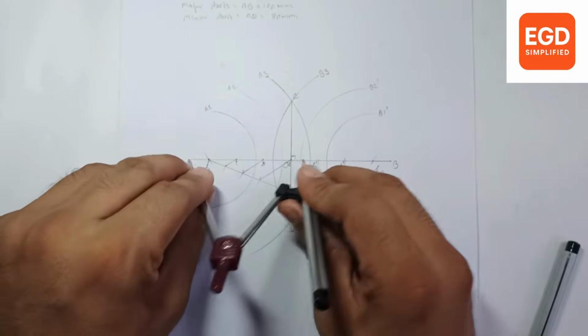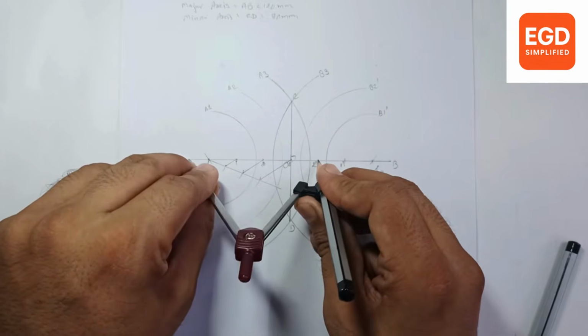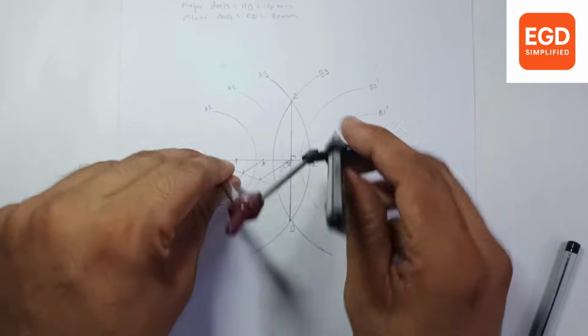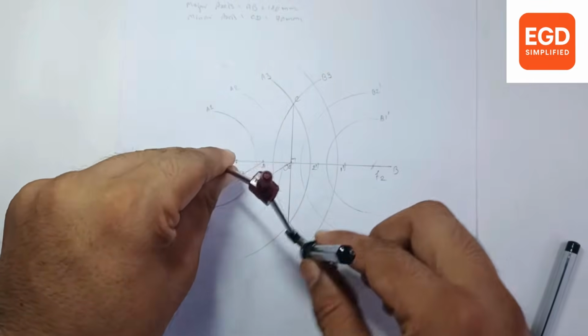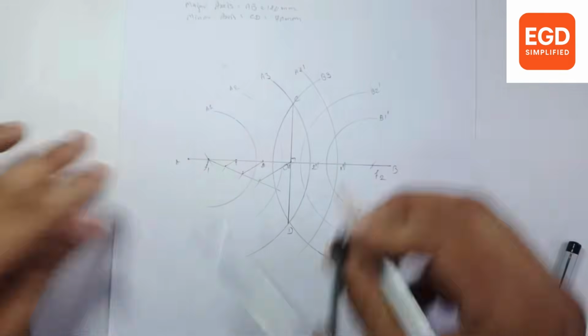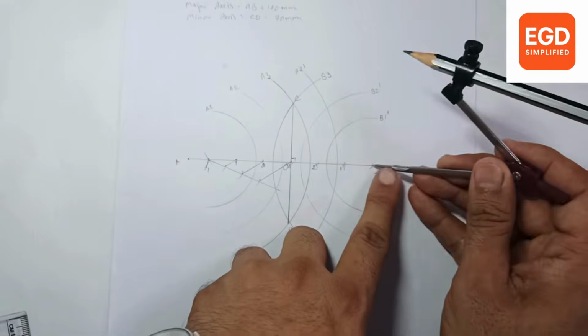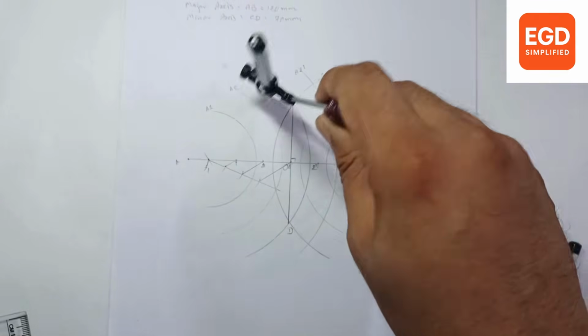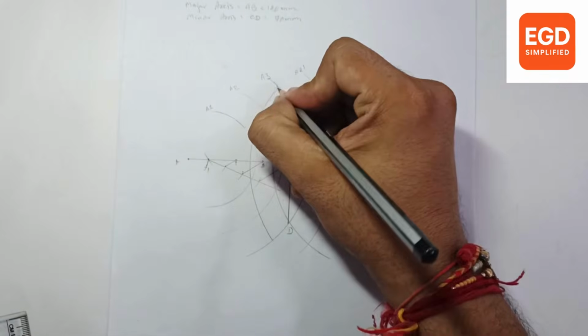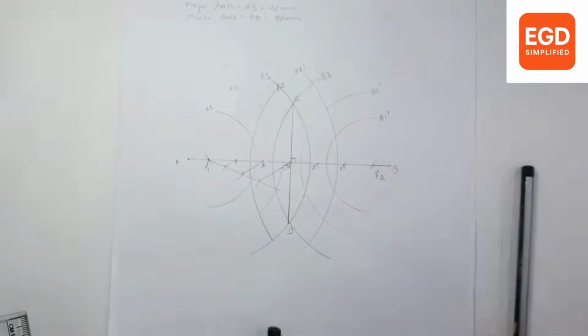Take a distance from A to 2 dash. Put your rounder on F1. Draw an arc. This is A2 dash. Similarly from F2, draw an arc and give the name B2.